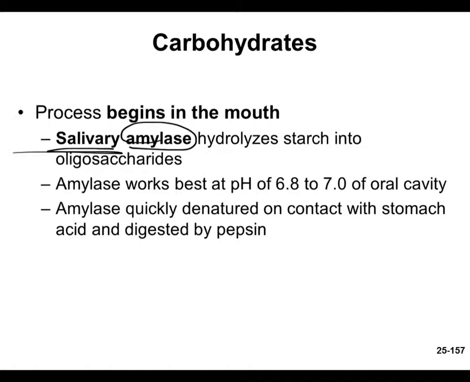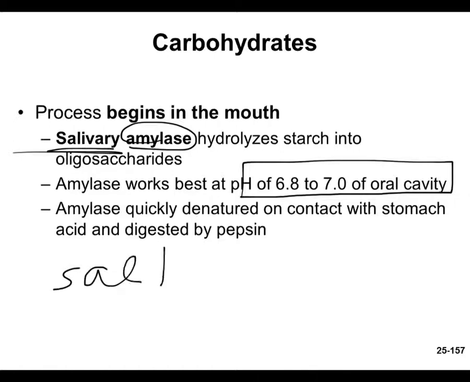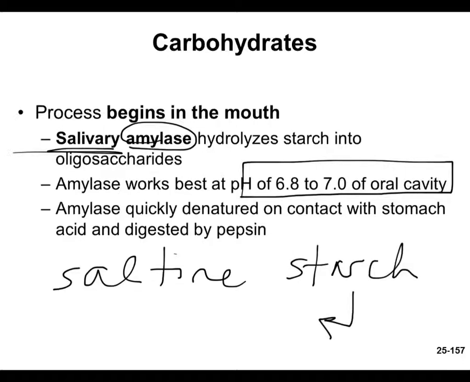This particular kind of amylase works really well at neutral pH, which is what you find in your oral cavity, which is why when you eat a saltine, a cracker, which is starchy, you can get a sweet sensation from that, because immediately you're breaking down that starch into glucose.